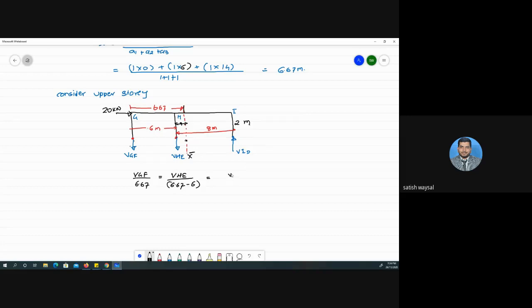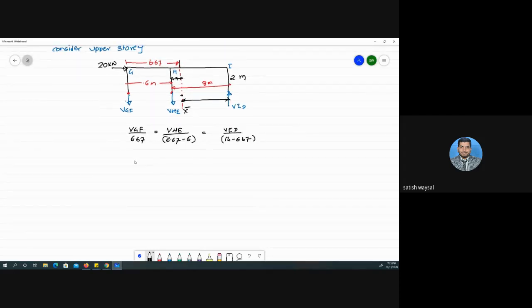And the third force is VID, upon this distance. Our interest is to find this distance, and that will be 14 minus 6.67. So this is VGF upon 6.67, VHE upon 0.67, equal to VID upon 7.33. Now we have this relation.